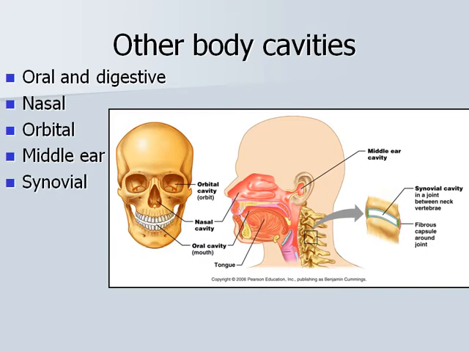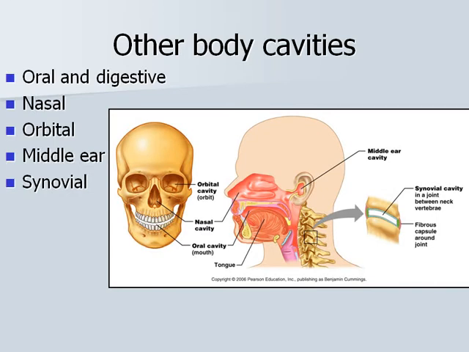Your nasal cavity is an opening right behind your nostrils. Your orbital cavity, what is orbital on you? Eyes. If we take your eyes out, there's a big cavity within your skull that accommodates your eye. That's the orbital cavity.